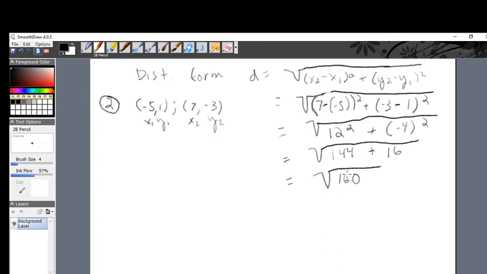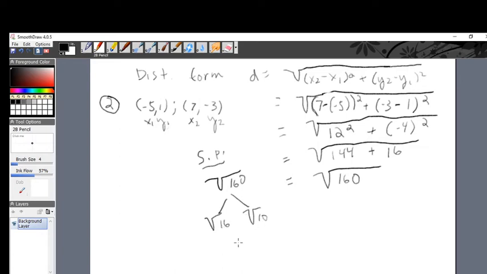And you'd say, okay, look, that's what I got. That's my answer. That the distance is the square root of 160. But no, I got to do more than that. I got to go to scrap paper. And I have to break down the square root of 160 into 2 parts. We've had this before. A perfect square called 16, and the other part of it is 10. 16 times 10 is 160.